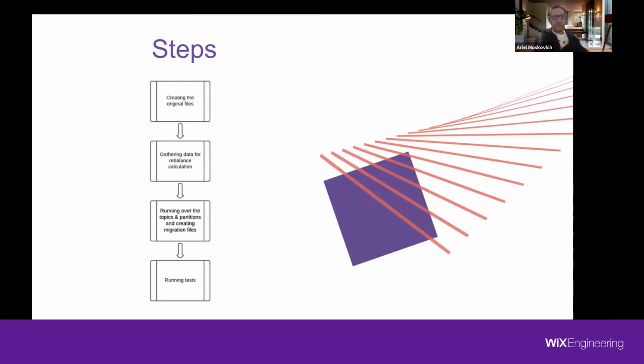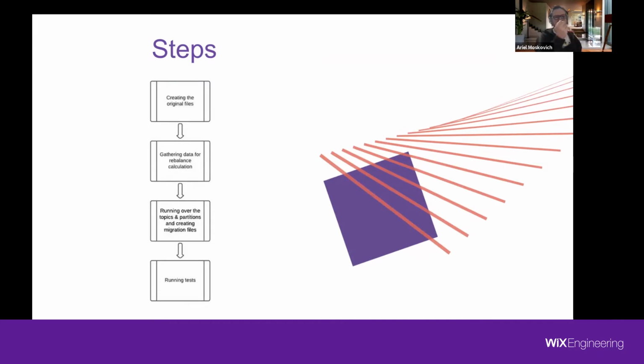So the steps include: the first step in that process will be to create the original JSON files. Those original JSON files are the files that describe the status, or the structure, of the topics as they are before the rebalance.